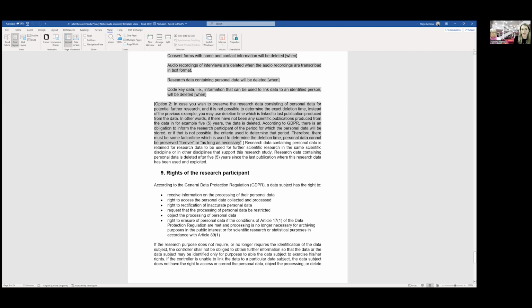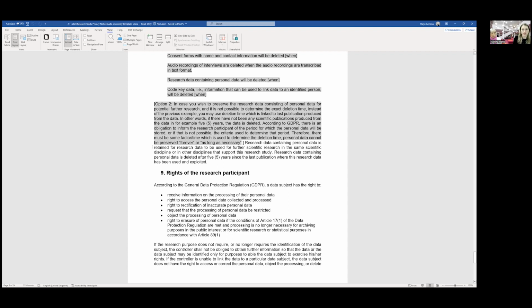when you start collecting the data, it's sometimes impossible to know when the publication will be finished or when the analyzing and writing the article will be finished. So it's possible to use this kind of timeline that you sort of bind the time to the last publication where the data has been used.